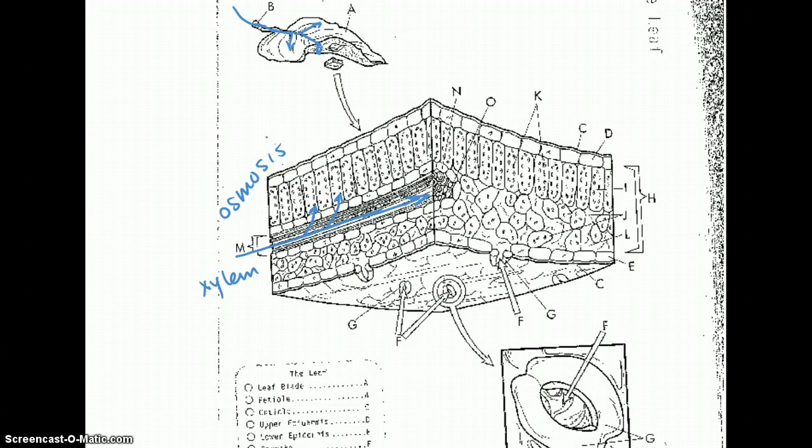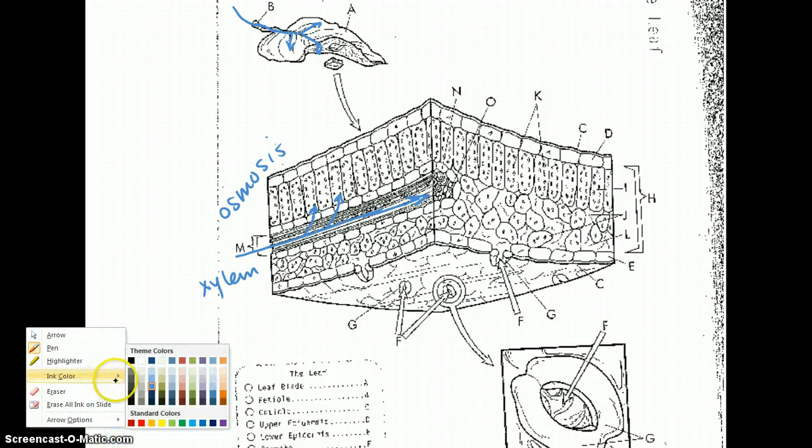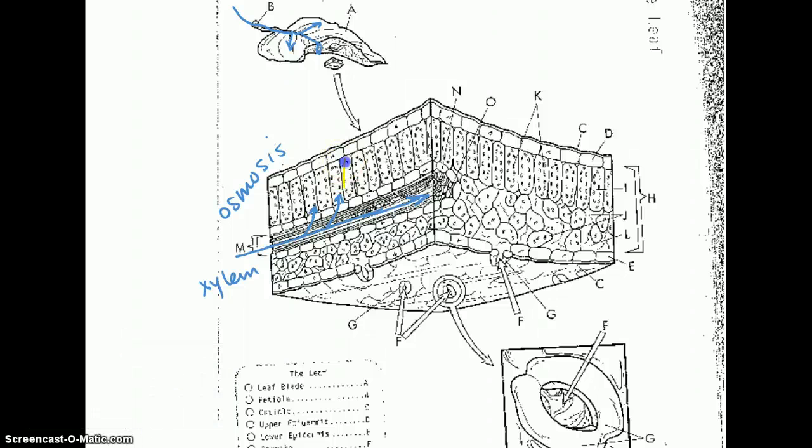And you will see that for this top part of the leaf, I'll use the yellow color, you have cells that are very close together, bunched together. The reason is that these are the ones that capture light.